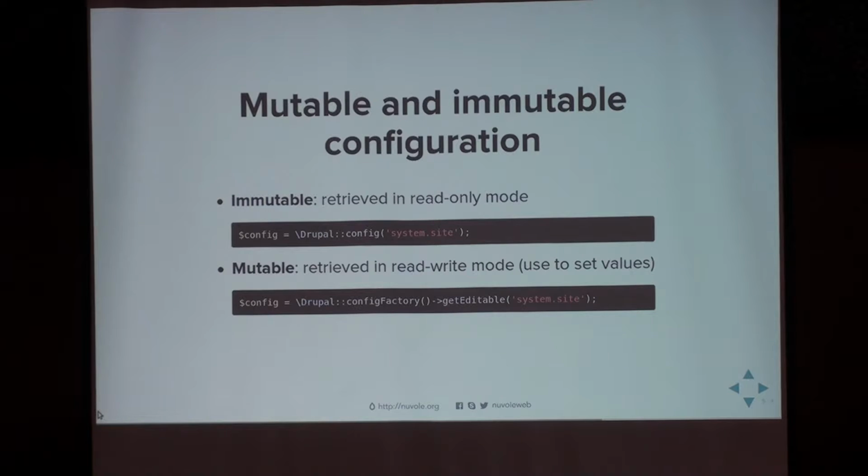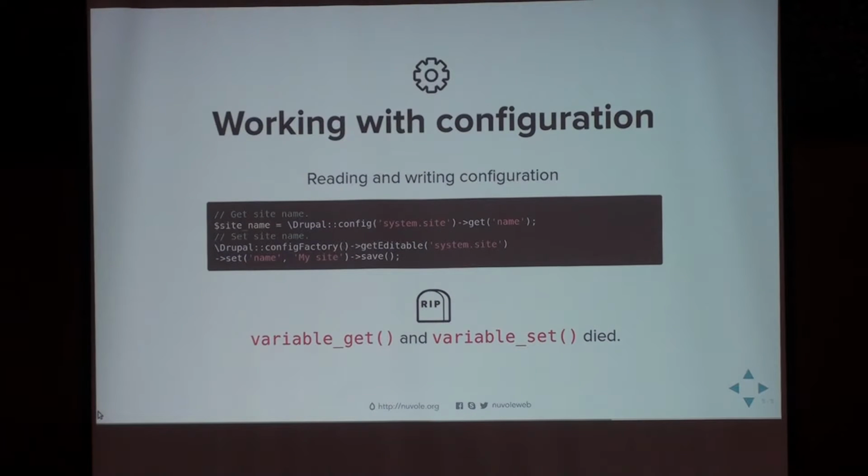But if you write some serious code, then you want to use dependency injection and use all this nice system for that. So variable_get and variable_set are not there anymore. Instead, you use the configuration system for reading and writing configuration. But it's pretty clear and understandable. I think it's not very complicated to do.